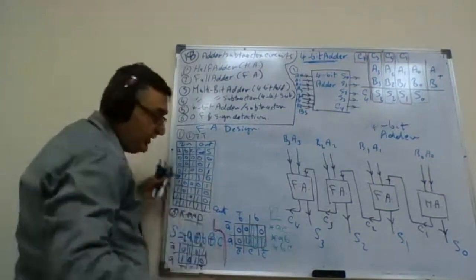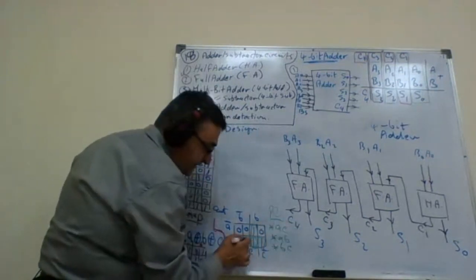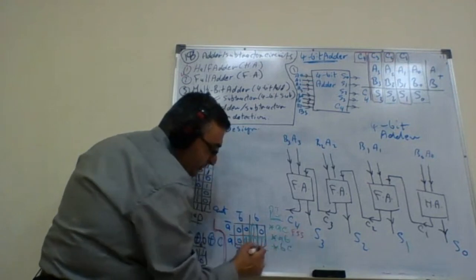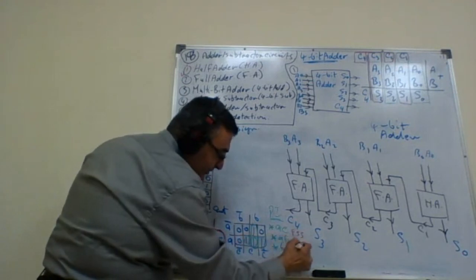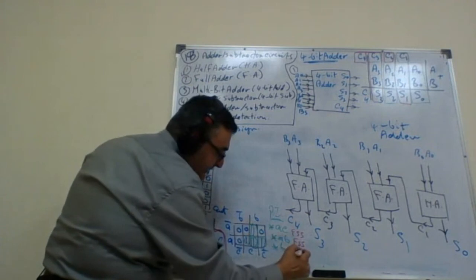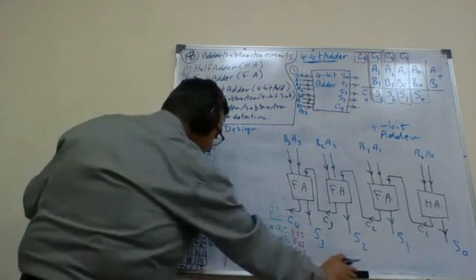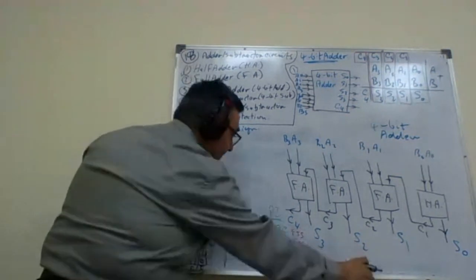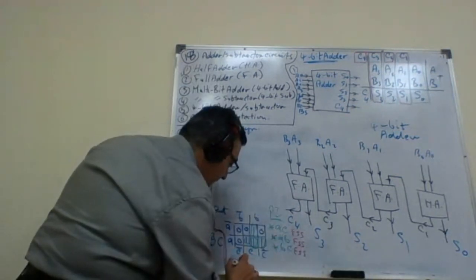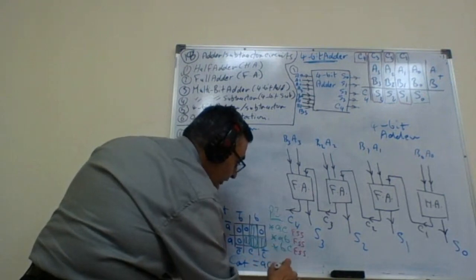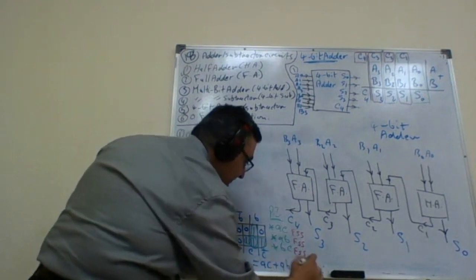Second step is the essentiality. Is the first one essential? Yes, it has one cell not covered anywhere else. Second one essential? Yes, it is essential. Third one essential? Yes, it is essential. All three of them are essential. That means the equation for C out equals AC or AB or CB.